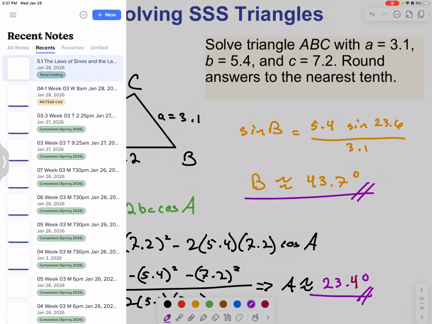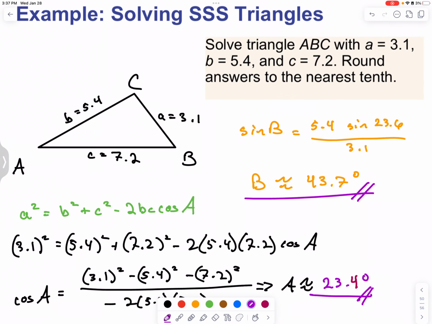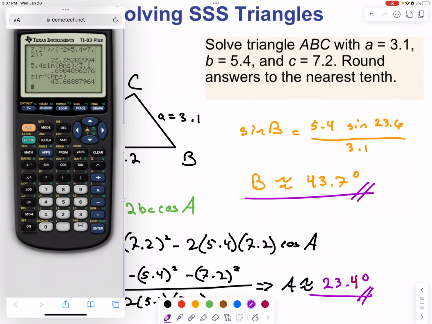And then we'll just say 180 minus each of those. 180 minus that answer minus, I'm going to write the long decimal for the other one, 23.3528, and 29.94. So for angle C, we got approximately 112, so approximately 113 degrees.